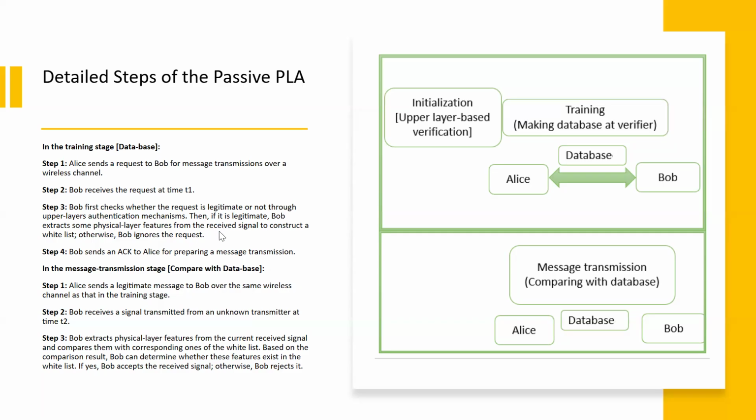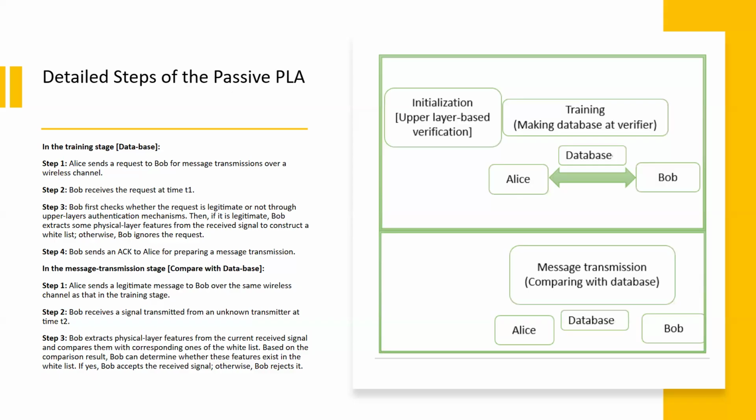Now, as you can see in this detailed approach, physical layer security is implemented as a complementary solution to the upper layer authentication approaches. Up until now, we are not saying that we can get rid of the upper layer authentication, but that physical layer authentication can improve and strengthen the overall authentication process.